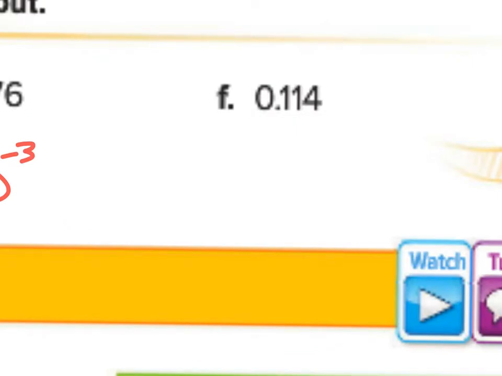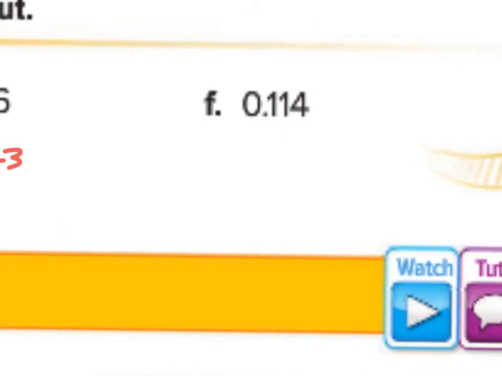And F, again, we have a small number, okay, and we want to put the number in the ones. So remember, we want the decimal to be there. If the decimal is going to be there, when we actually write it up as the real number, it's going to have to go left. And it's going left by 1, so it's going to be to the -1. To the base of 10 times 1.14.